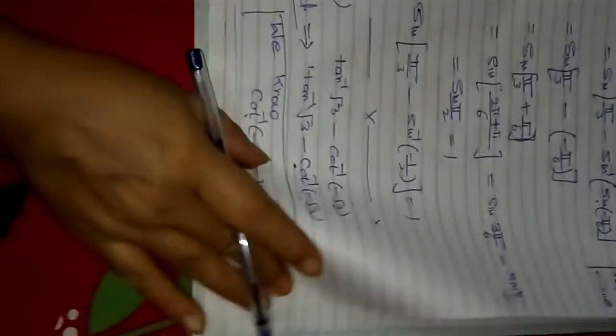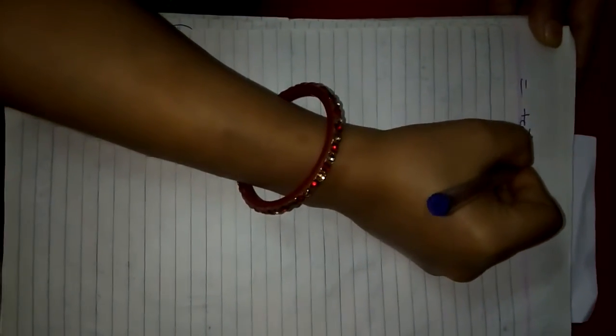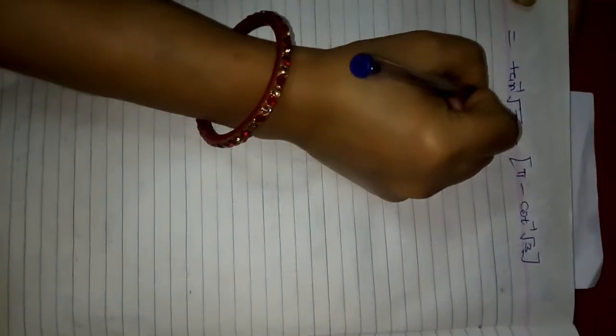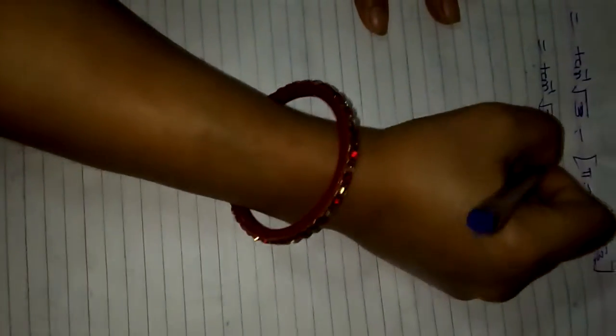So after putting the formula, it will come tan inverse root 3 minus (pi minus cot inverse root 3). Now open the bracket: tan inverse root 3, then minus pi, plus cot inverse root 3.